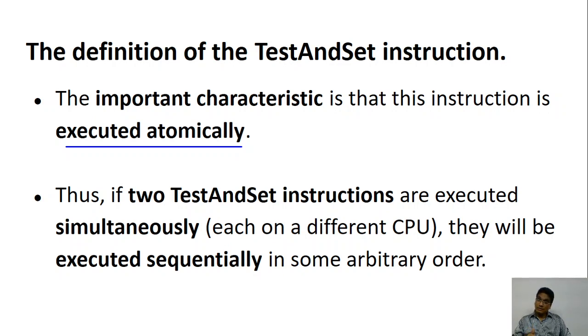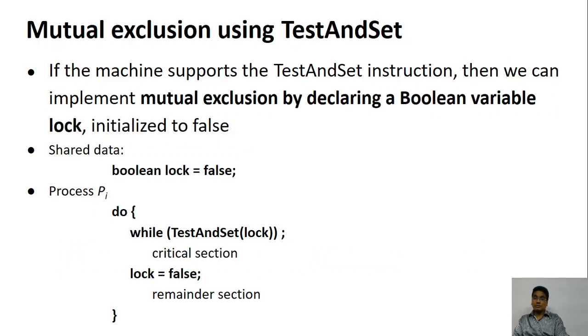If I ask two of you to switch on the fan, only one of you will be able to switch it on. The other will not be able to do it because it's already on. So when one is doing it, others will not be allowed to. That is mutual exclusion. This instruction will be allowed to execute only by one process, and the others have to wait.